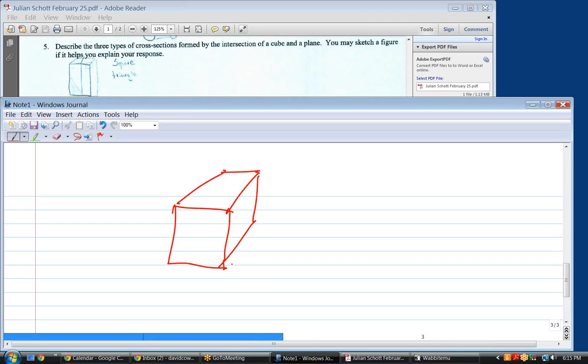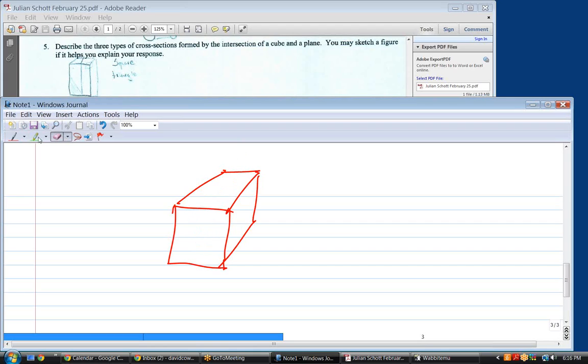Now, obviously, if I cut it with a line, let's say a knife, right there, straight down, I've got a square. I've got a surface area that's a square, right? In other words, if this is a square piece of cheese and I'm trying to slice it in half, I'm still looking at a square on that face.